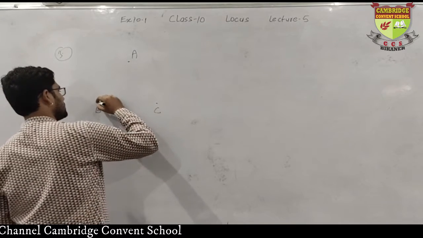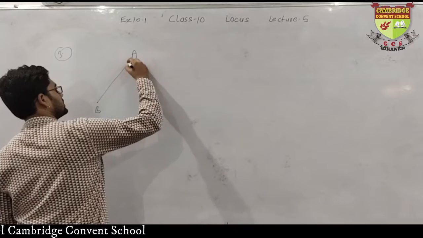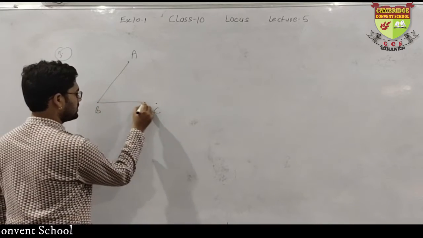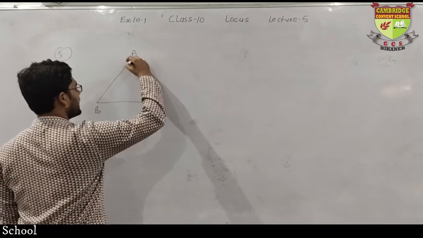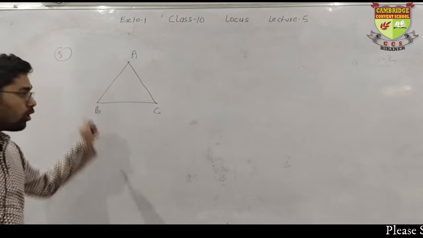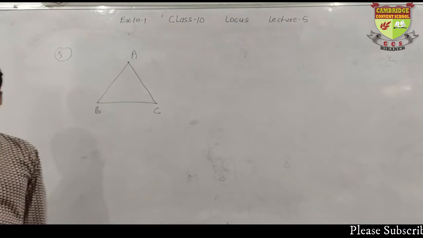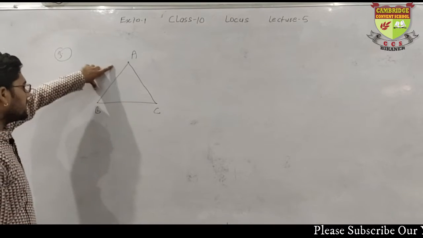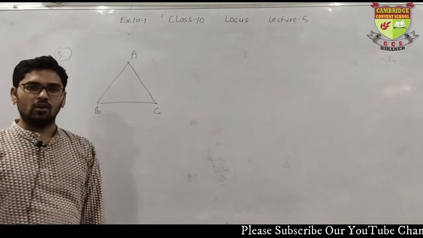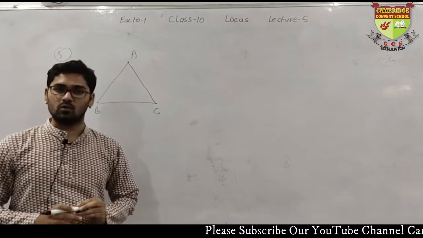That means this distance and this distance, all these distances are equal, right? AB is equal to BC and BC is equal to CA. All these distances are equal.